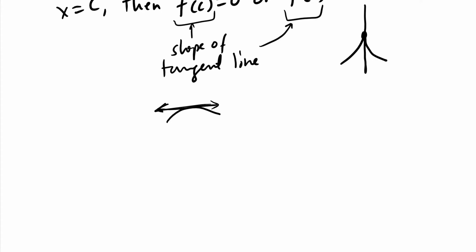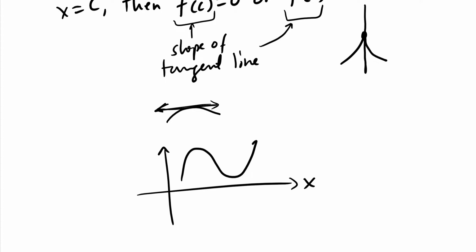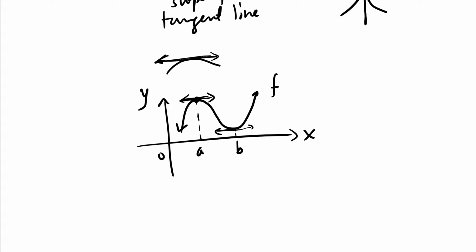For example, let's say we have a graph. If the graph of f looks like this, at this point, I see the graph has a horizontal tangent. Let's call it A. Again, there's one here. Let's call it B. So we say both f prime at A is 0 and f prime at B is 0.